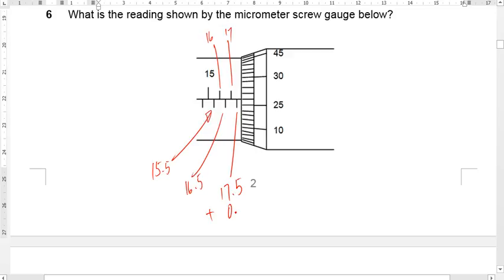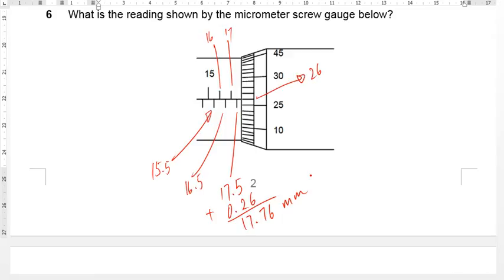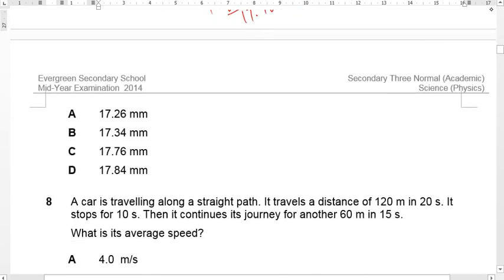What is the something now? Over here, 26. Answer 17.76. Yes, thank you. 17.76. Answer is C.